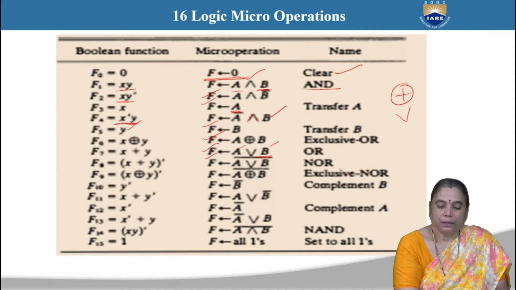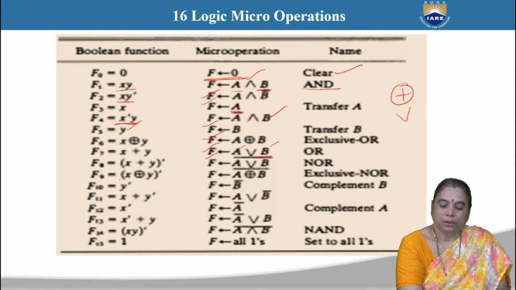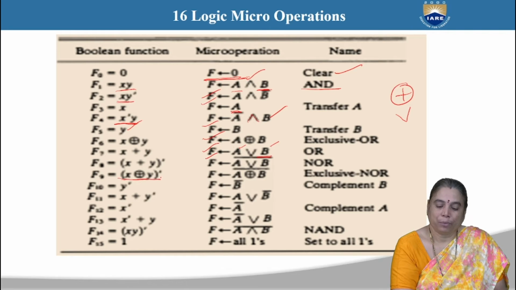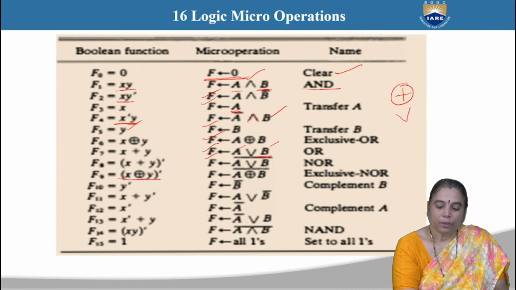Next, the ninth logical operation is X exclusive OR Y whole complement. So the logical exclusive OR operation can be performed between the two registers and the whole complement can be taken. So here the X value can be moved to the A register, the Y value can be moved to the B register.